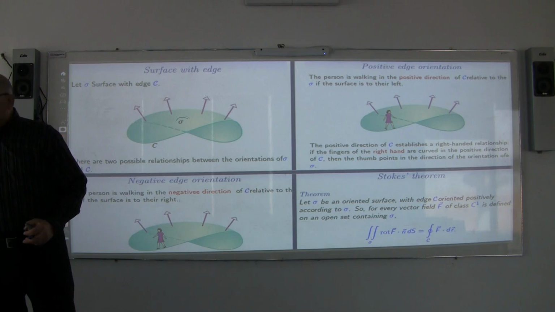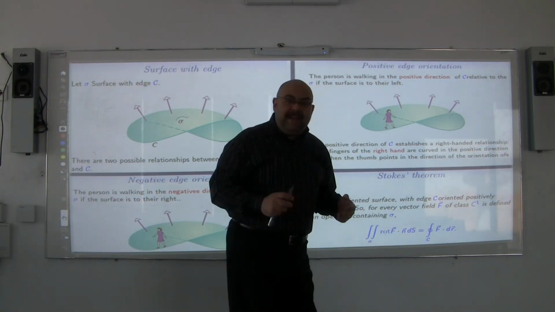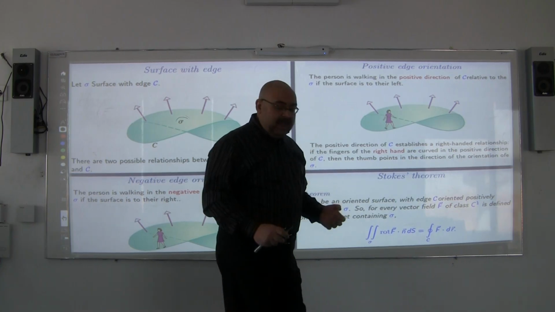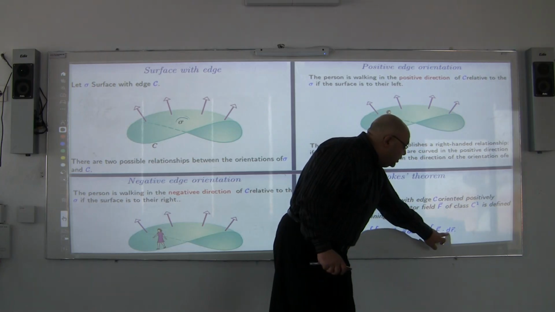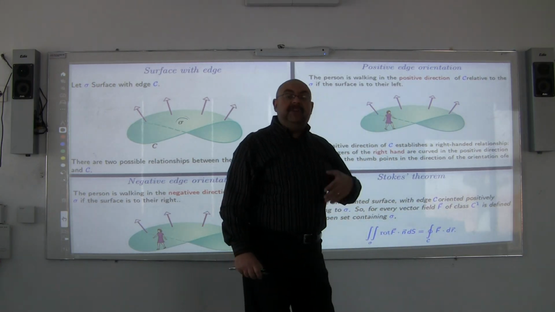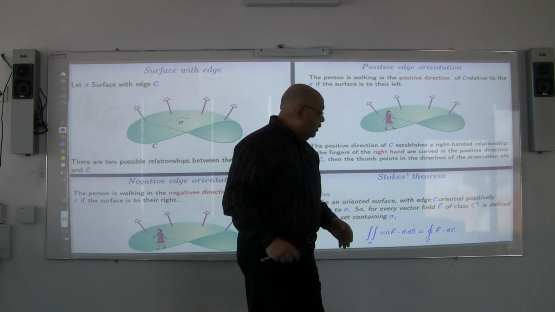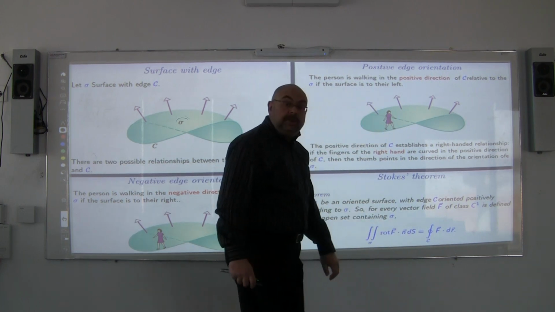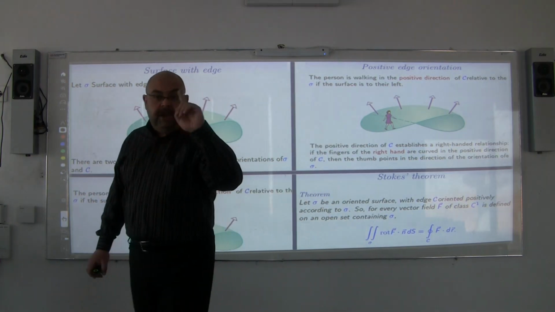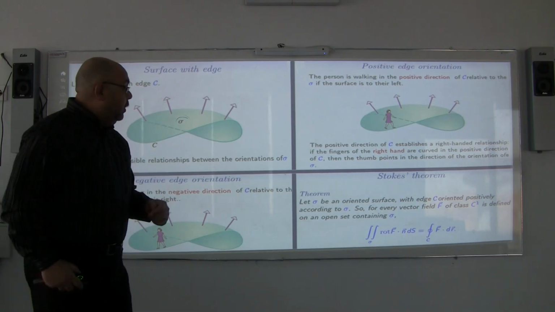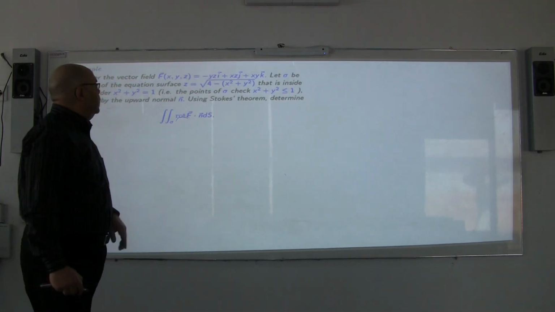Now, instead of integrating through the surface, I can replace it by simply getting the vector field dot dr, the derivative of the r vector that controls the boundary of the surface. And now, instead of a double integration, I will be integrating on the boundary, the closed boundary. This is really a very nice theorem, as you will see.